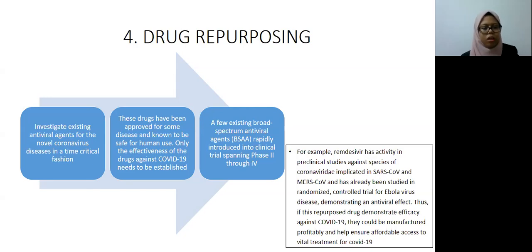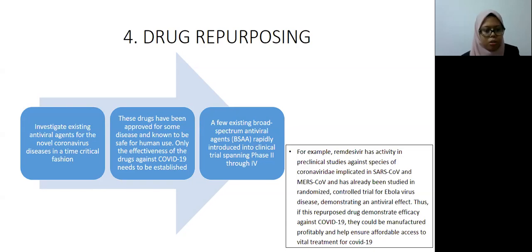There are a few existing broad-spectrum antiviral agents, BSAA, that were rapidly introduced into clinical trials spanning phase 2 through phase 4. This strategy makes the drug discovery process for COVID-19 much faster, because we don't have to start from scratch to develop the drugs.